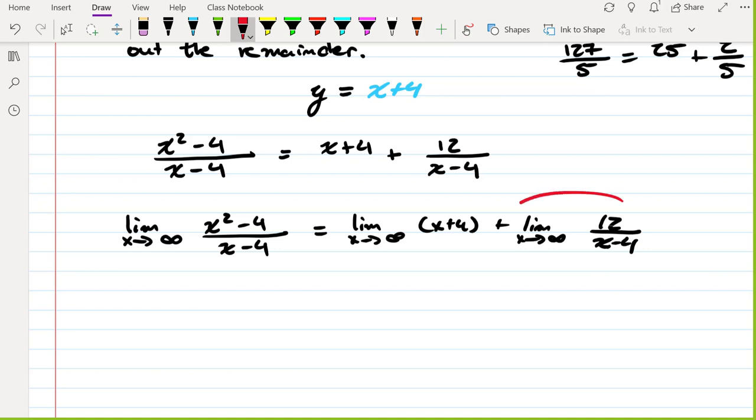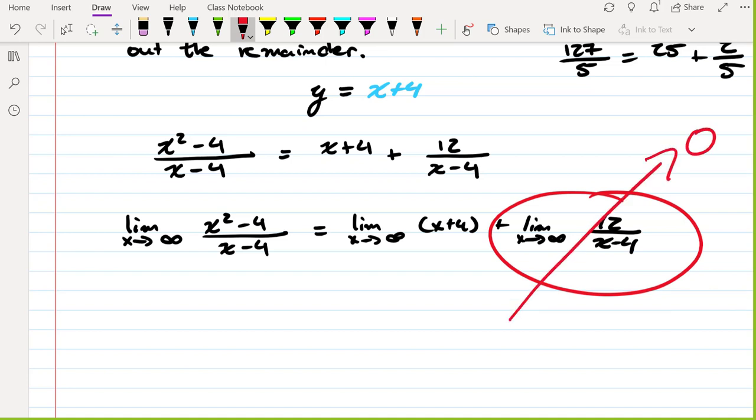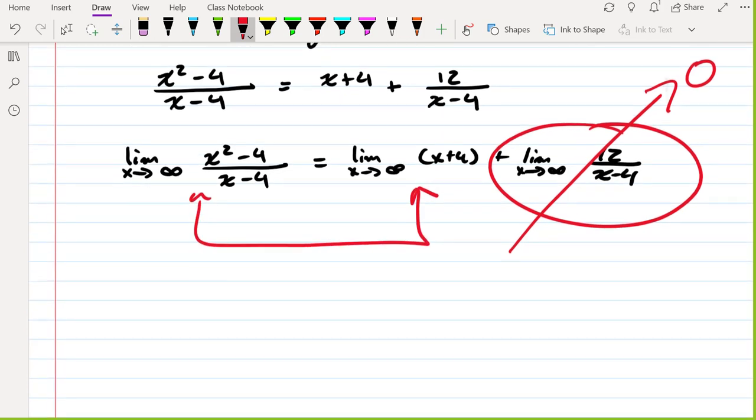Well, this piece right here, the value of that limit is going to be, well, we have a constant divided by infinity, so that thing's going to go to 0. So what this really tells us then is that the end behavior of these two things is the same.